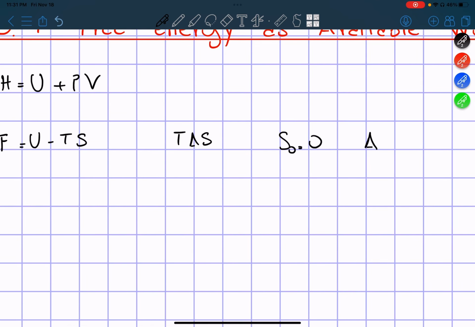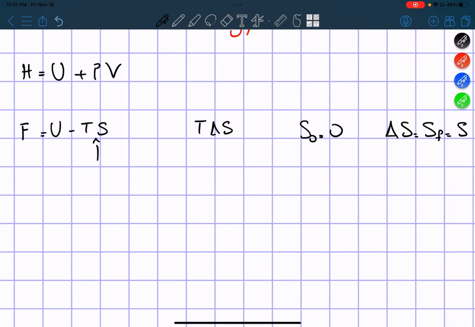So our delta S will simply be equal to S final, or we can just call it S. So that means that the more entropy a system has, the more of its energy can enter as heat. So the more entropy our system creates, the less energy we actually need to create it.